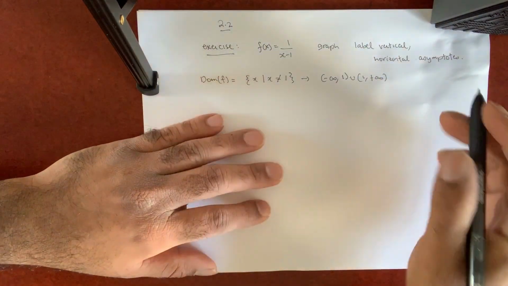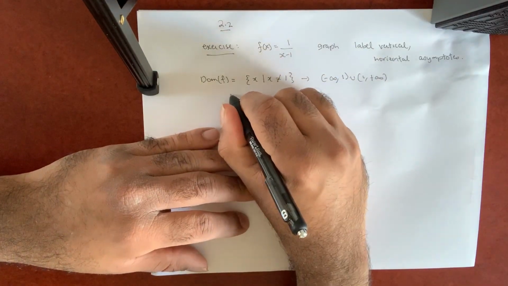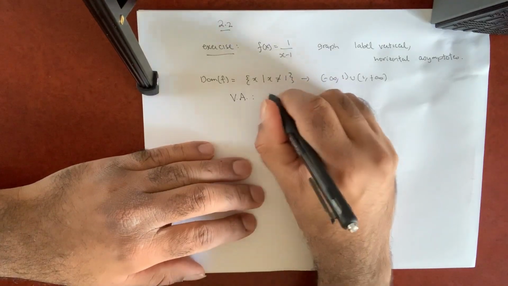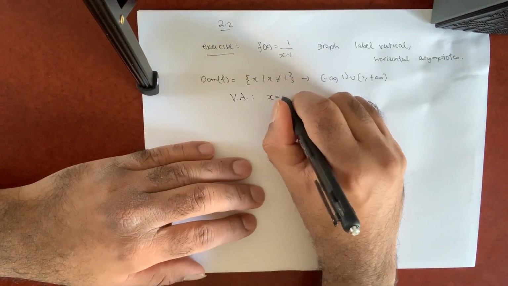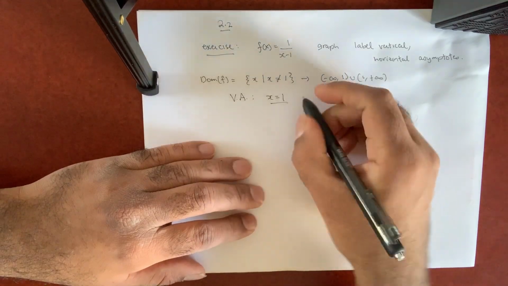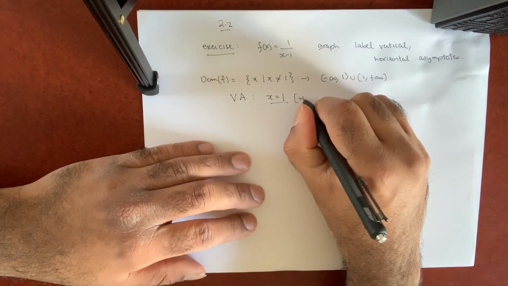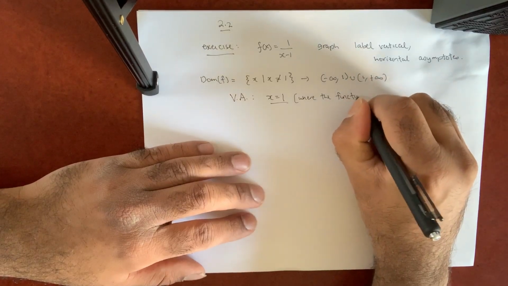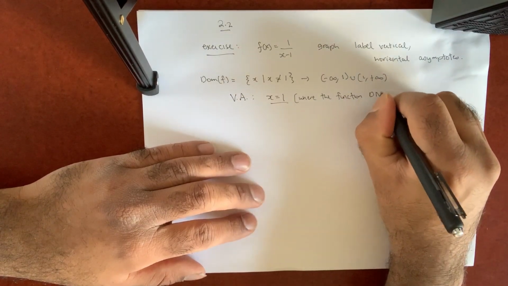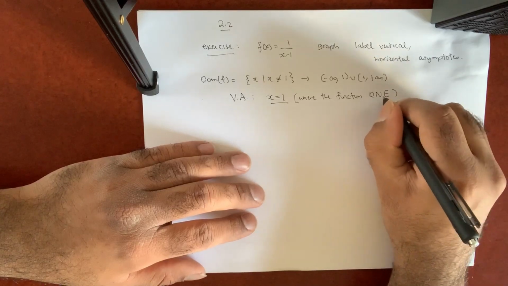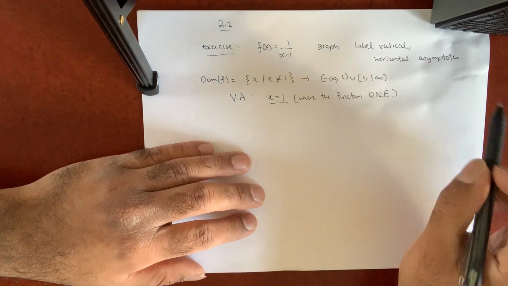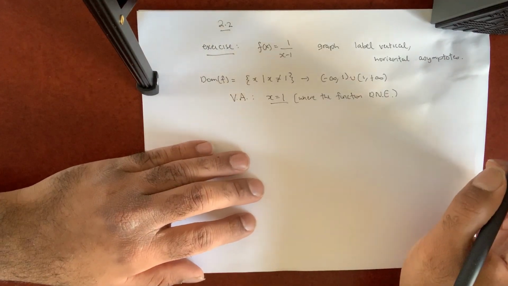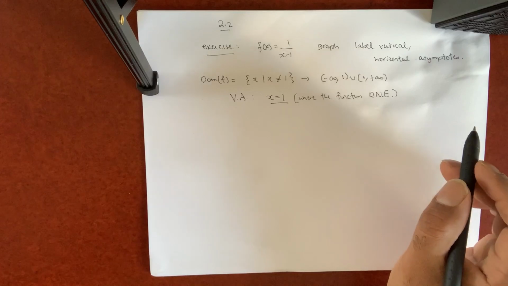And the vertical asymptote, VA for short, is going to be exactly the line x equals 1, which is where the function does not exist. Does not exist is something we'll see often, so I'm going to shorthand it as DNE. And we'll see what happens with the horizontal asymptote.